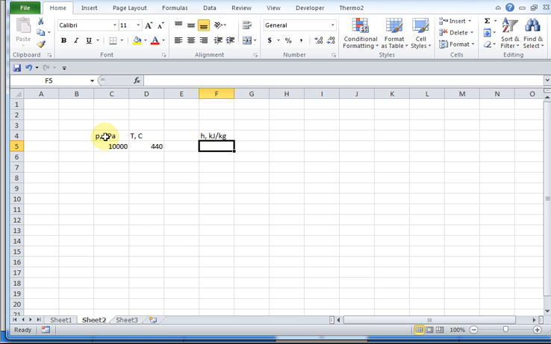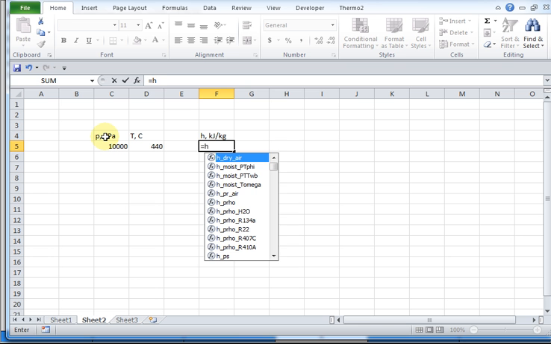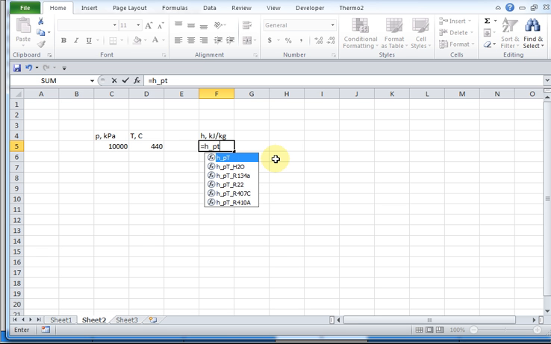So we say, okay, I want to evaluate a function, start with an equal sign. I'm looking for the enthalpy. It starts to help me guess it, but there's just a whole lot built in, isn't there? But the syntax is usually an underscore with the pressure temperature underscore H2O parenthesis. That's my function. Click on the pressure, click on the temperature.